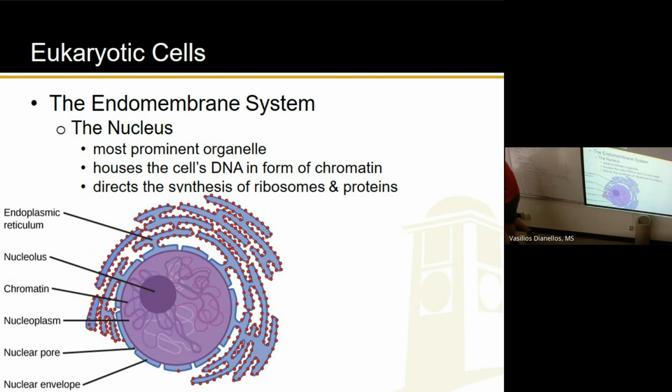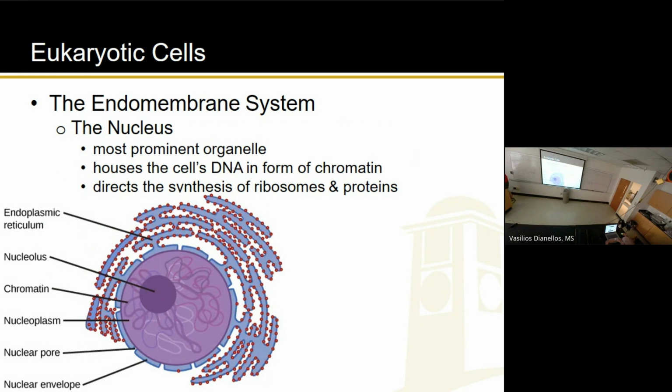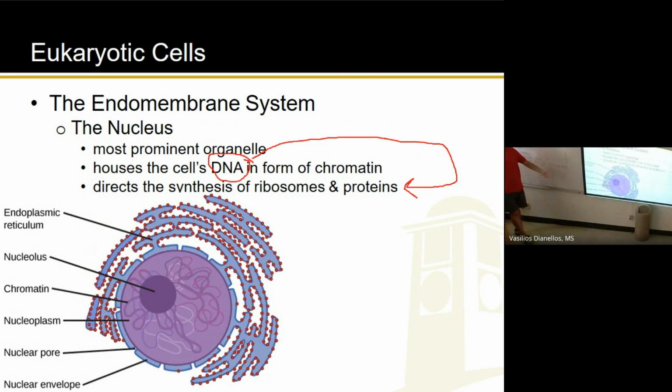Now that you already do know, from the biological molecules section of chapter 2, that DNA is where we have genes, and genes are instructions on how to build proteins. So DNA is what's found in the nucleus, and obviously the nucleus directs the synthesis of proteins.